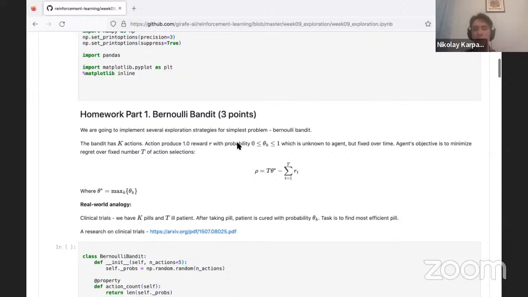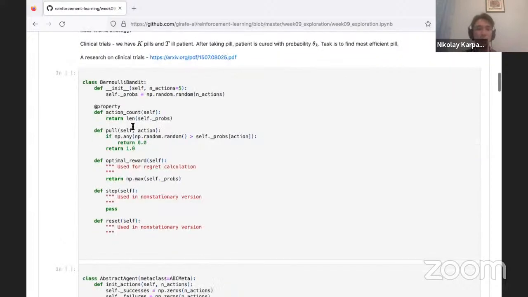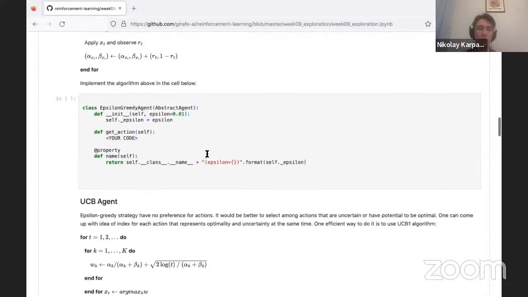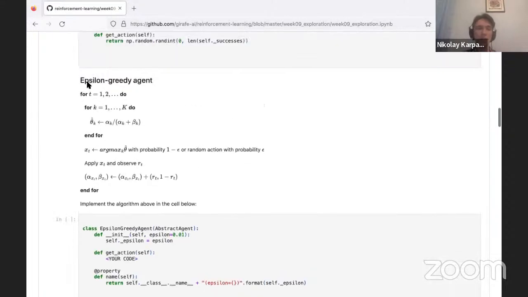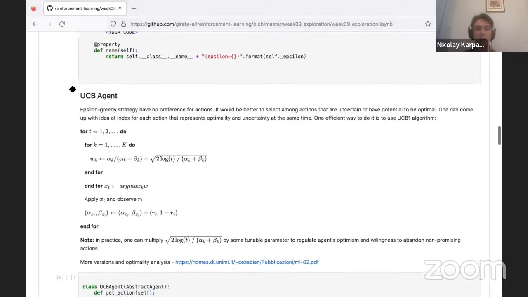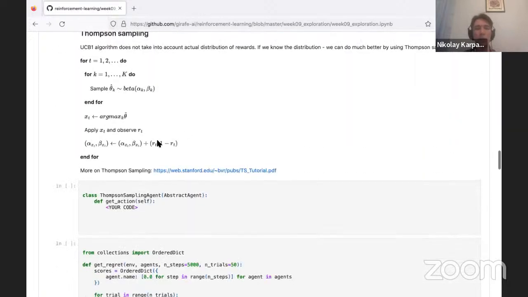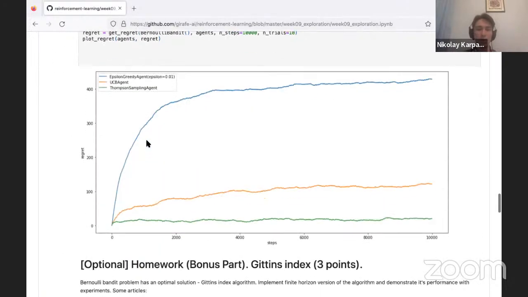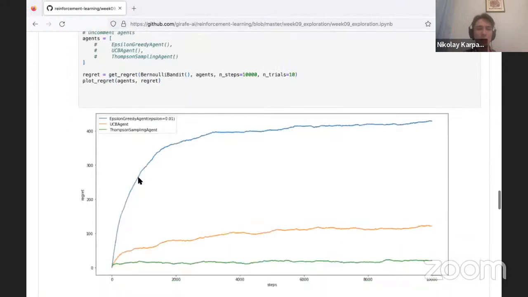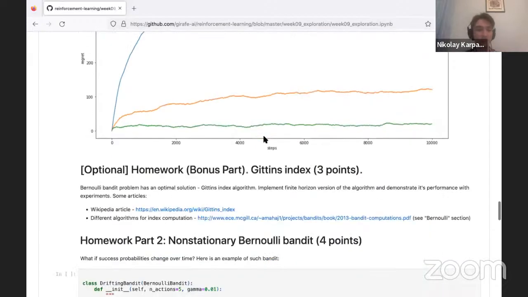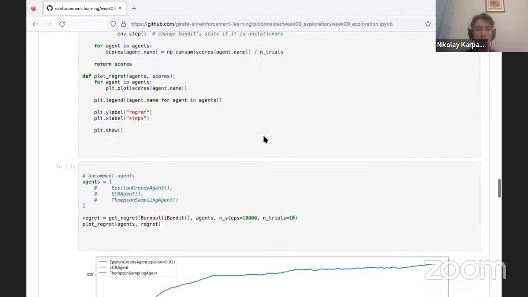This is the bandit from the example with the slot machines. And we would implement several strategies: epsilon greedy, upper confidence bound, and Thompson sampling. At the end, you would get something like this in this example. The plot is given to you, so it would be easier to understand whether you have a bug in the implementation or everything works correctly.